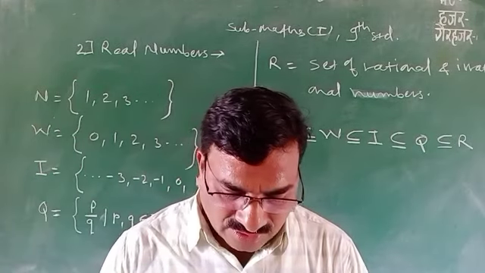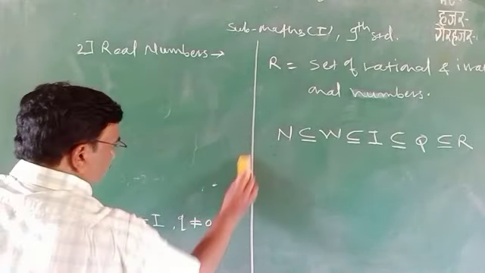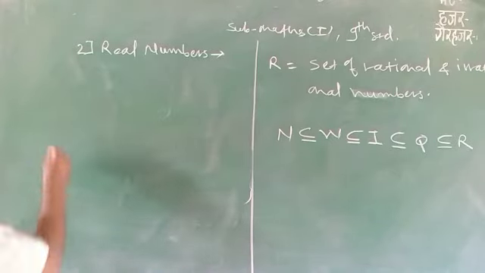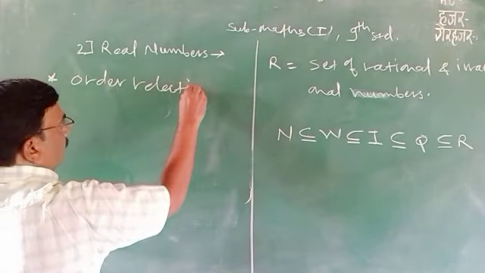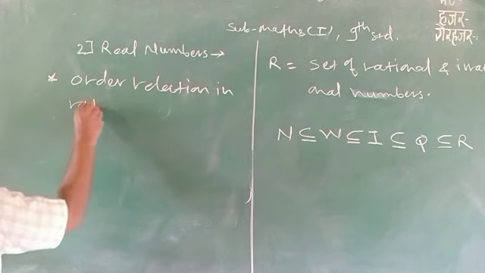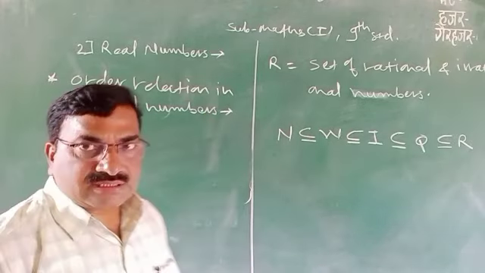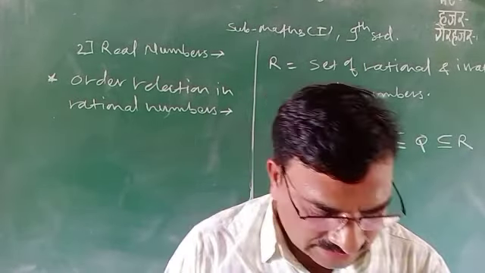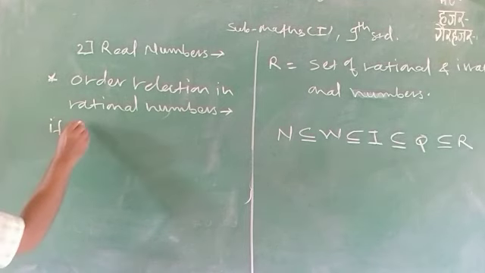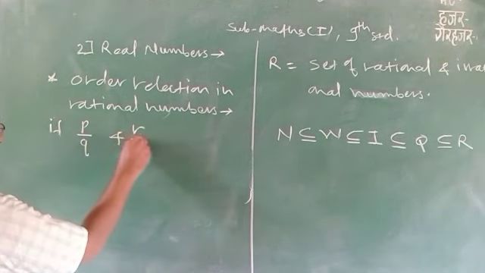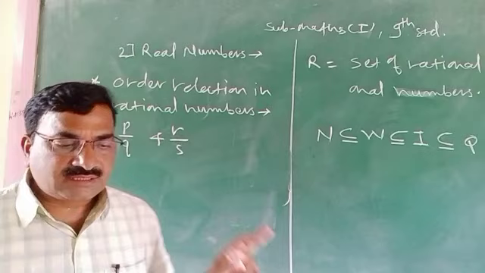Then our next point is order relation in rational numbers. Suppose p upon q and r upon s are two rational numbers.